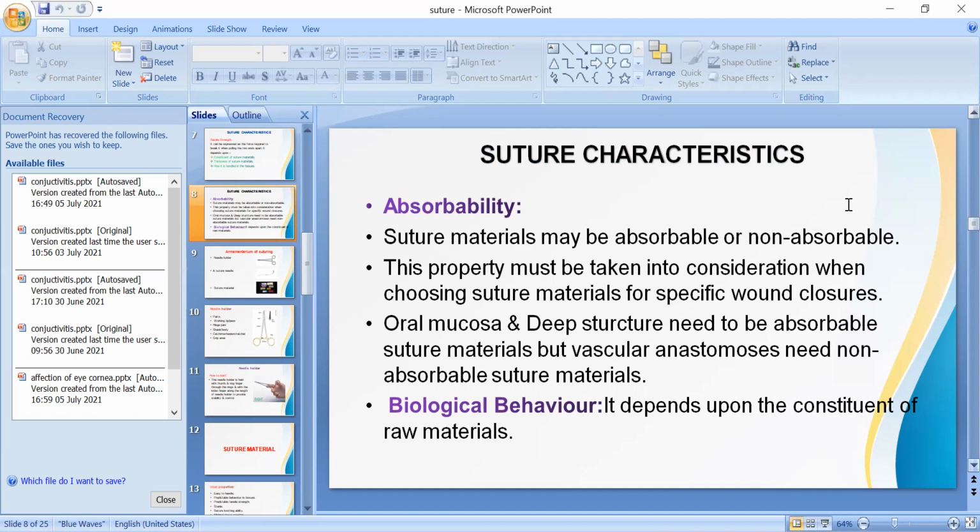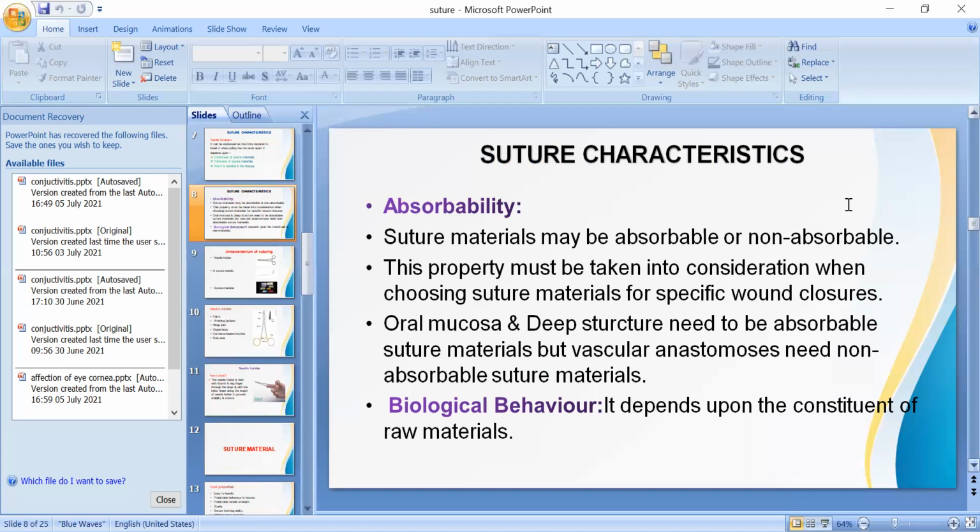This is a very important thing in the case of vascular anastomosis. If there are any vessels you have to anastomose, then you have to use non-absorbable suture materials.